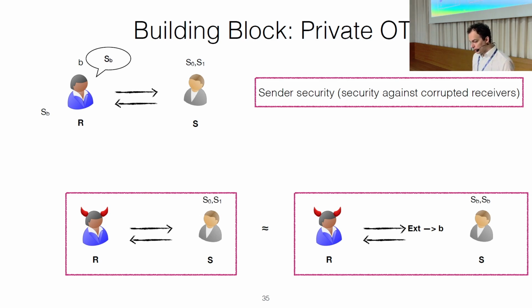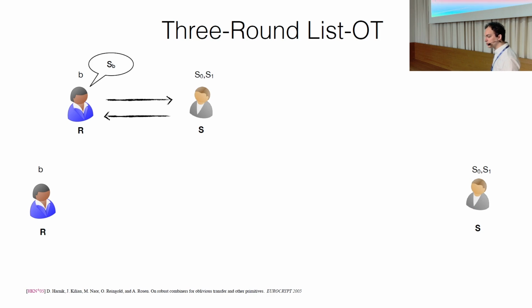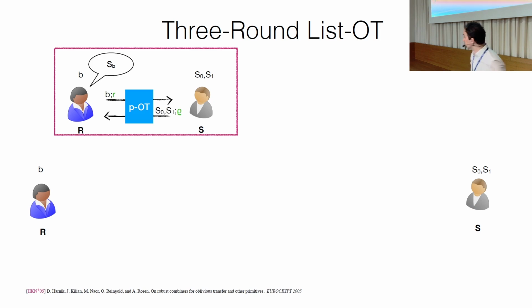And now that we have this tool, how do we design our list oblivious transfer protocol? So I'm calling this the blue box. This blue box is this private OT that I just defined, and this is the main tool. So how does the protocol work?